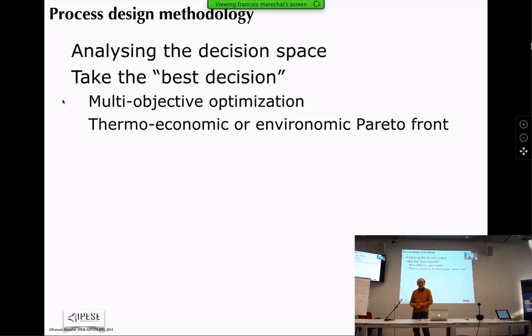Now, if we realize that within the definition of the process we have some decisions for which we do not have any rationale, then you go to the optimization and you ask the optimization to calculate what is the best decision variable, for example, for the humidity at the outlet of the dryer, for the temperature and the pressure in the gasifier, for the temperature and the pressure in the methanation, for the separation.